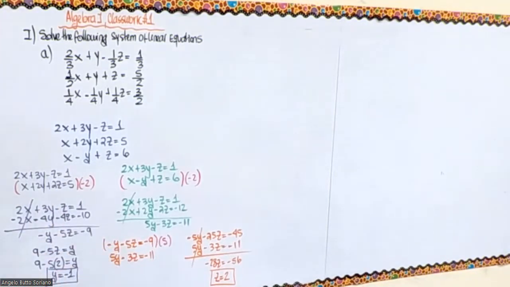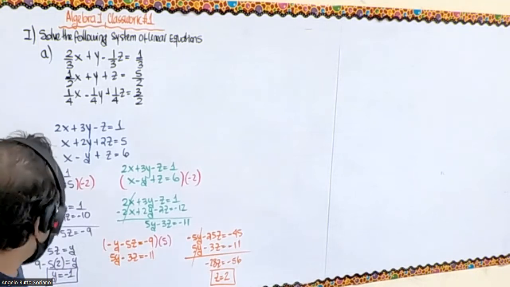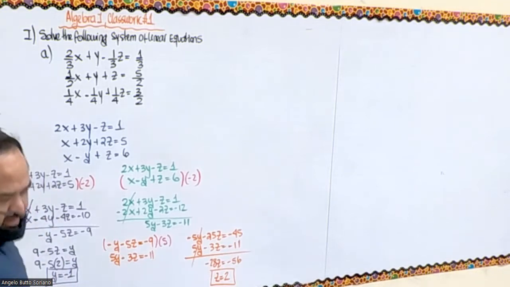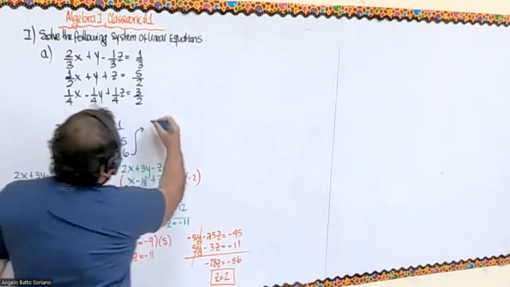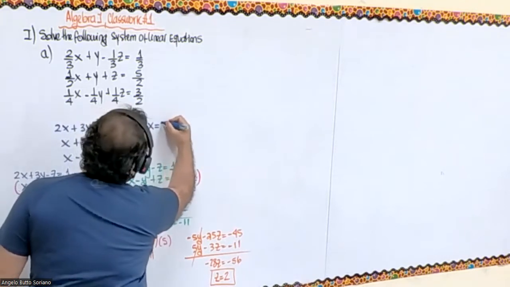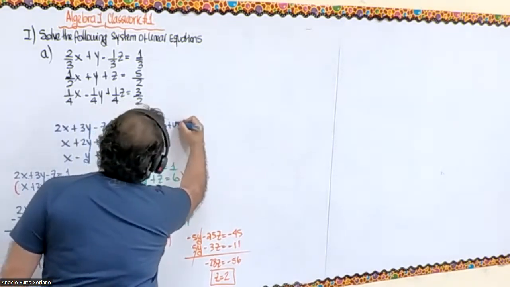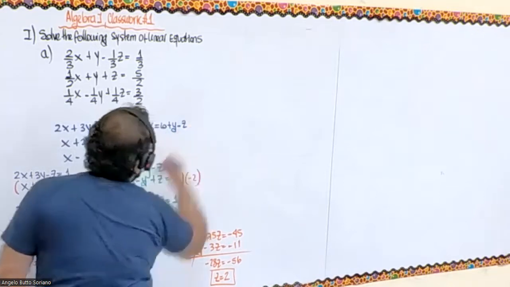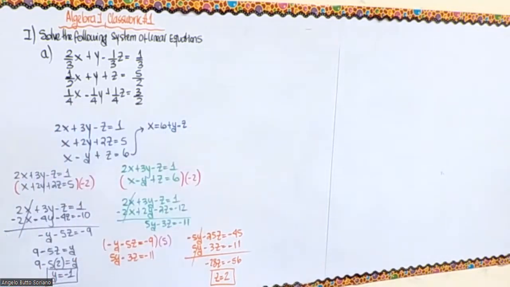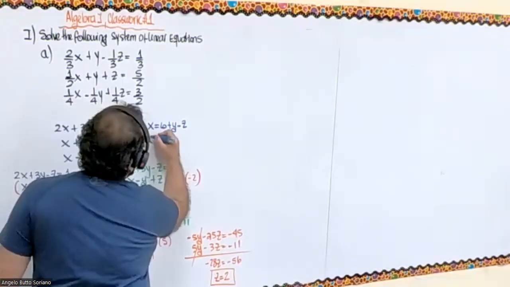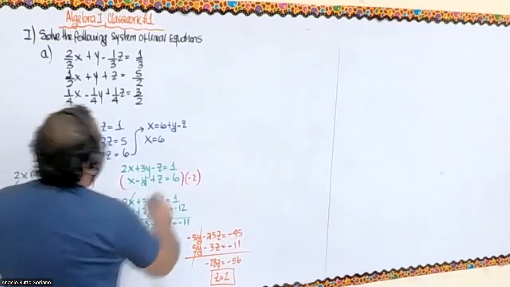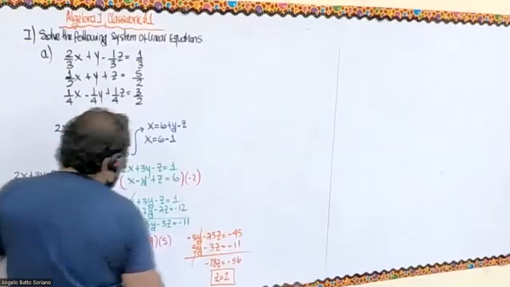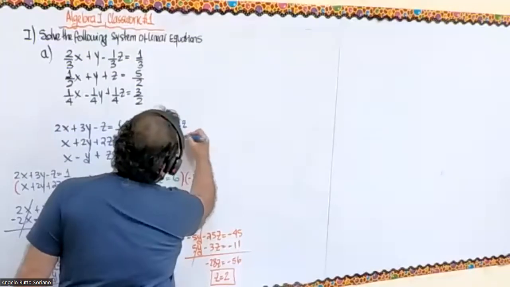Okay, if you want to solve for x, you can take one of these two blue equations. I'm going to take the third one because for me that will be easier. So x will be equal to 6 plus y minus c. So the value of y is -1 and the value of c is positive 2.